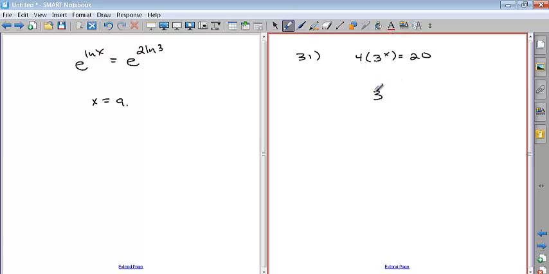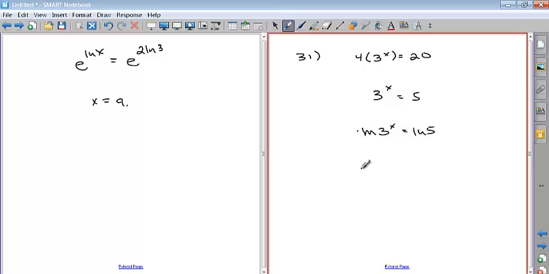So we're going to isolate the exponential part, which is 3 to the x. So we're going to divide 20 by 4, which is 5. Then you take the natural log of both sides. 3 to the x is equal to the natural log of 5.